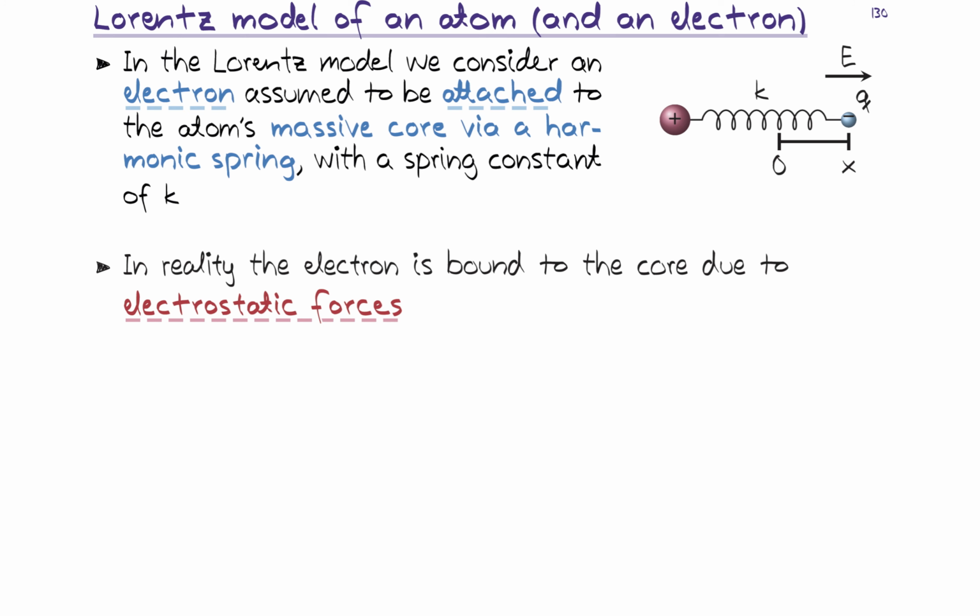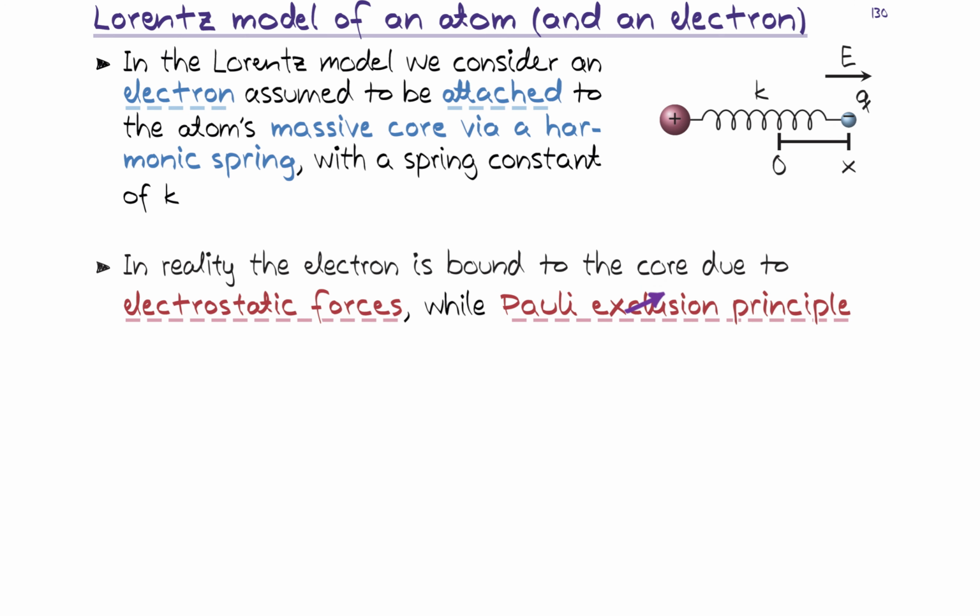Okay, in reality, of course, we don't have a spring inside atoms. What binds the electron to the core is first of all electrostatic forces and the Pauli exclusion principle. The electrostatic forces basically bind the electron into the atom. We have negative charge and positive charge, so they are attracted to each other, and due to the electrostatic forces, the electron would want to go near the atom.